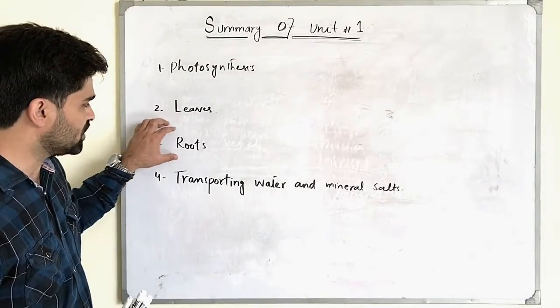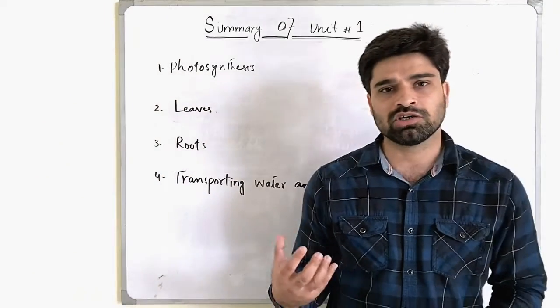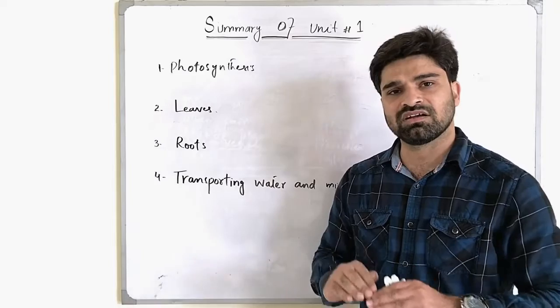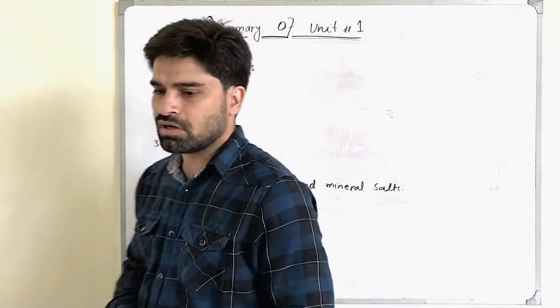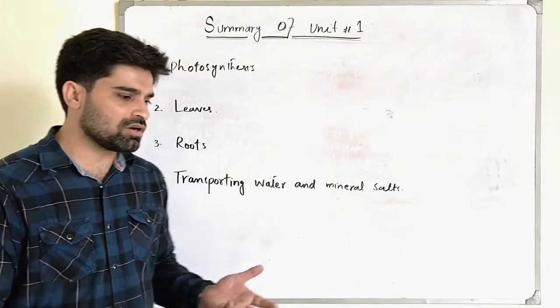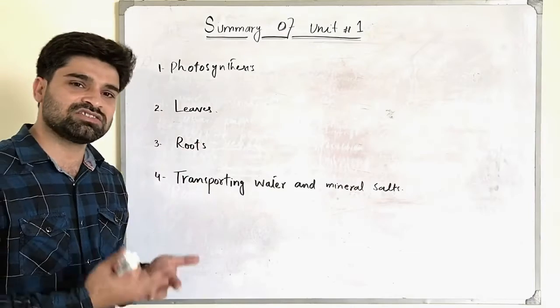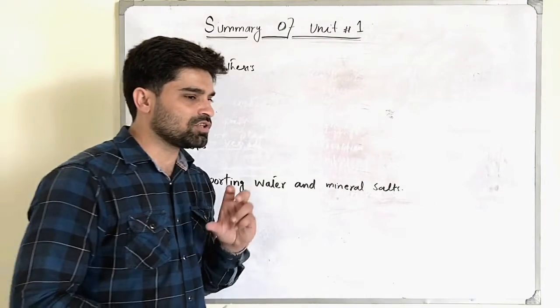Then we talked about the roots, and roots, as we all know, are the organs of the plants which are present underground. They normally do not appear on the upper part of the ground, but they are present inside the ground. And what is the function of the roots?